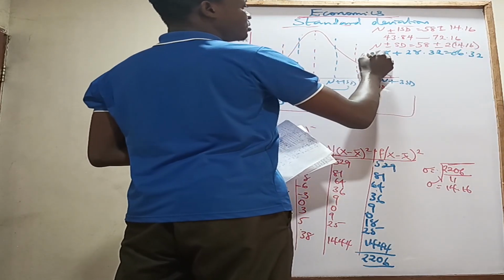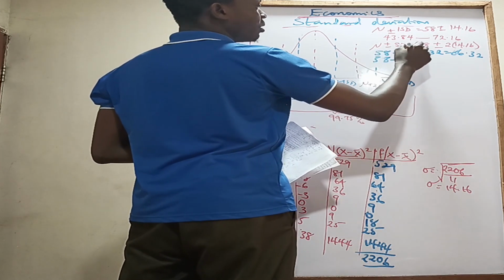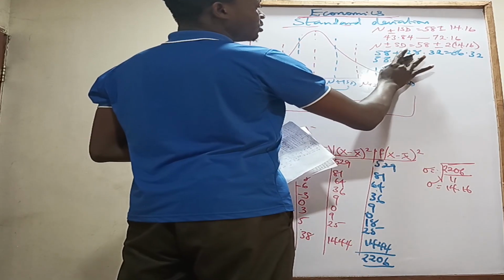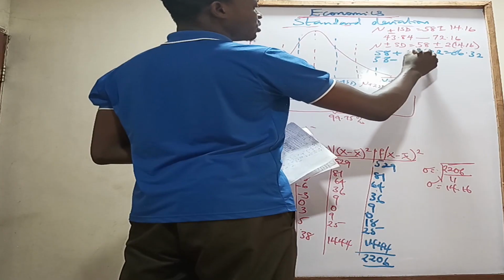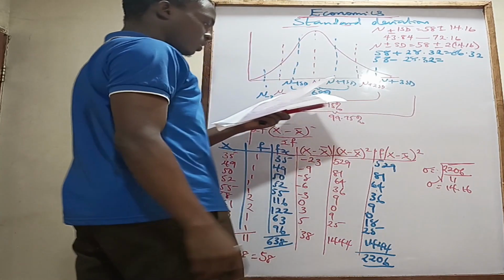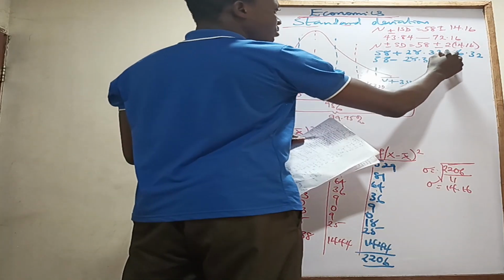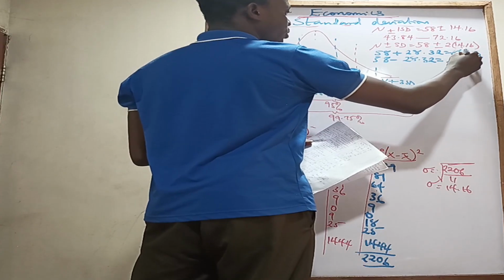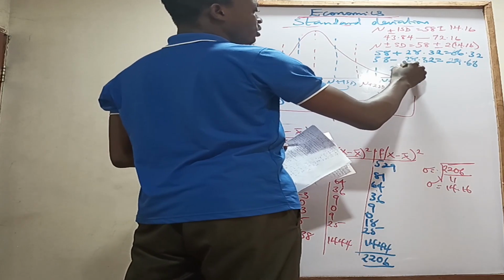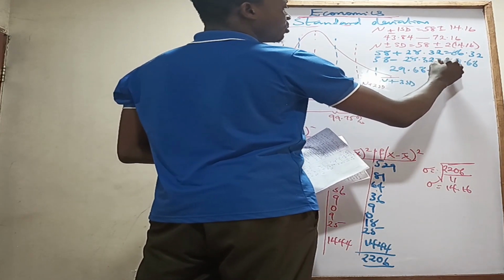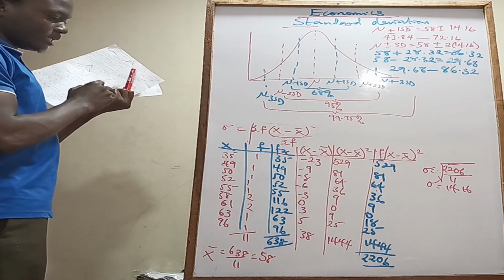You can do the same thing, 58 minus 28.32, and this gives us 29.68. So the interval for that will be 29.68 to 86.32. So we can just draw a line.